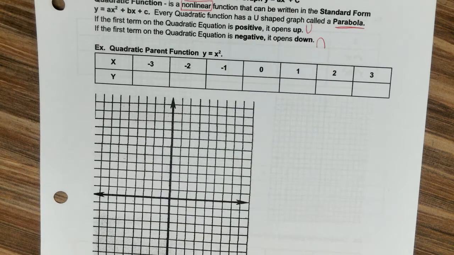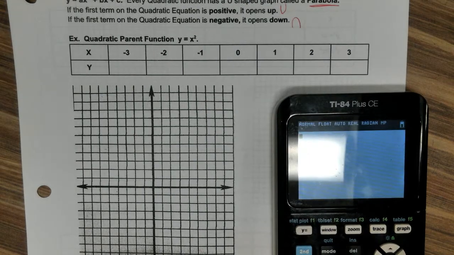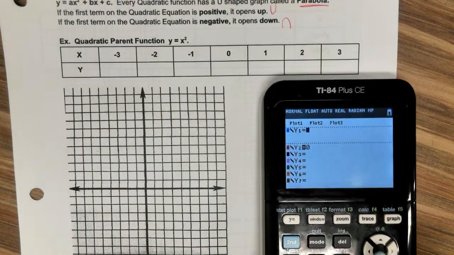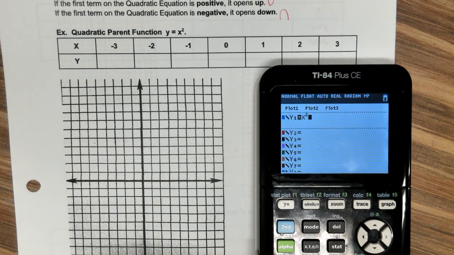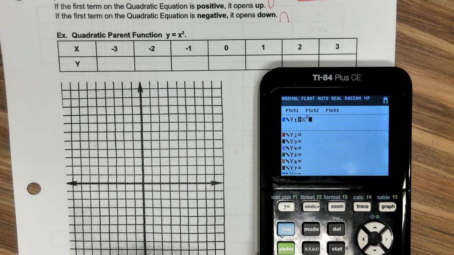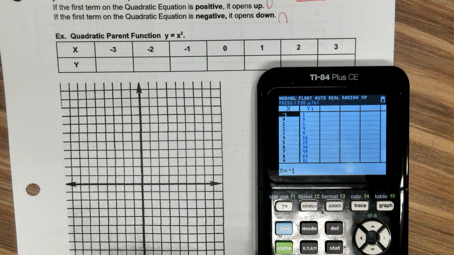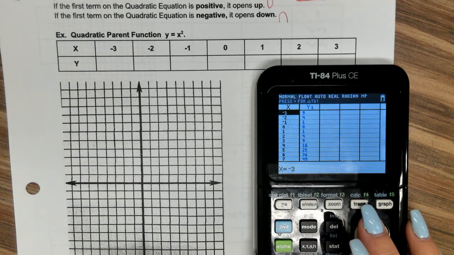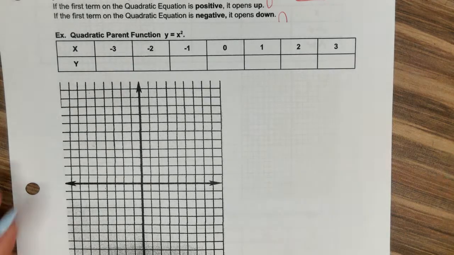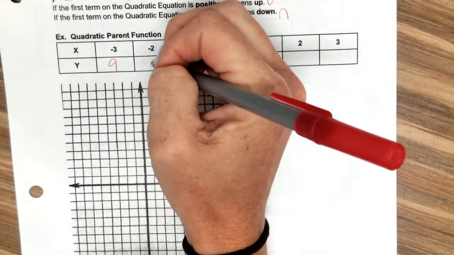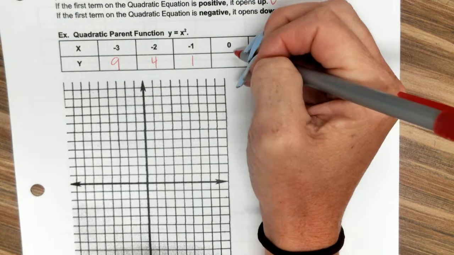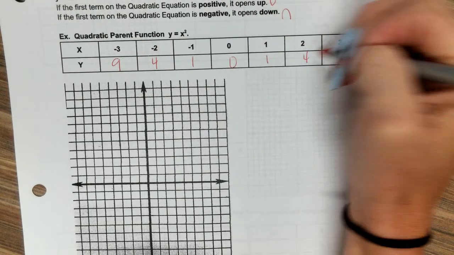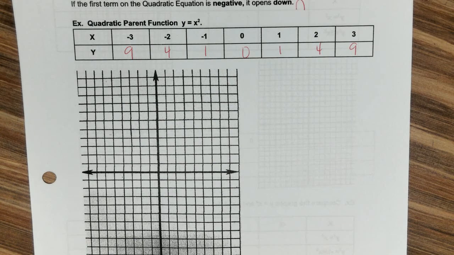So take your calculator and put it in. So it's y equals x squared. And then where am I going to go? To the table. All right. So when x is negative 3, what is y? When x is negative 2, y is 4. When x is negative 1, when x is 0, all you're doing is squaring x.